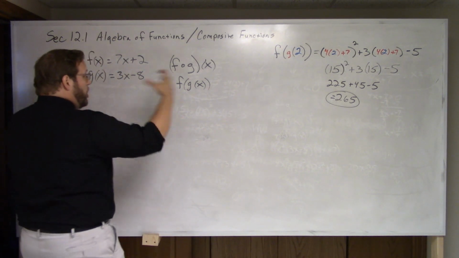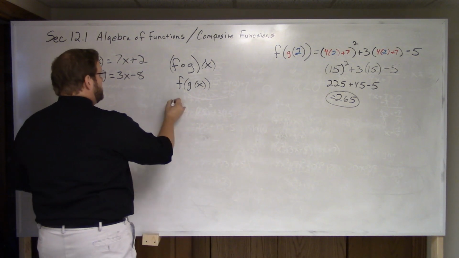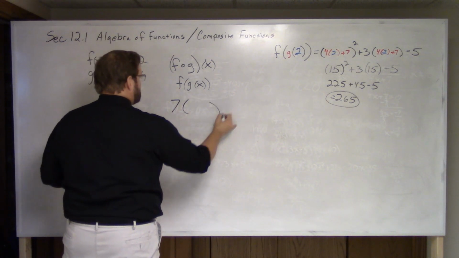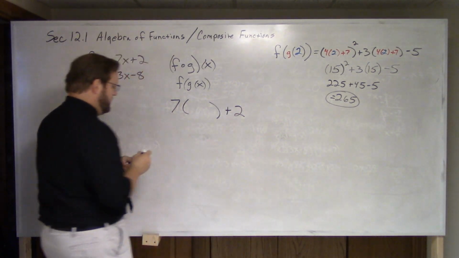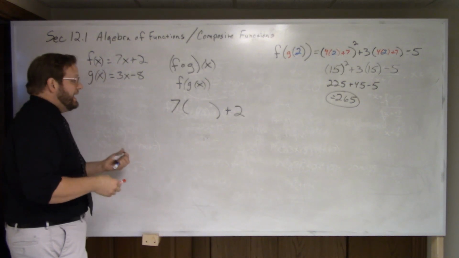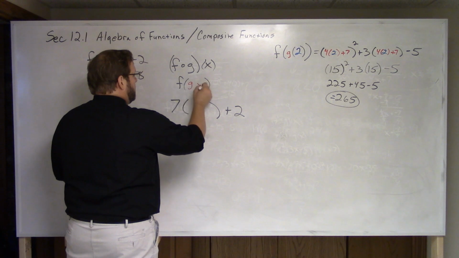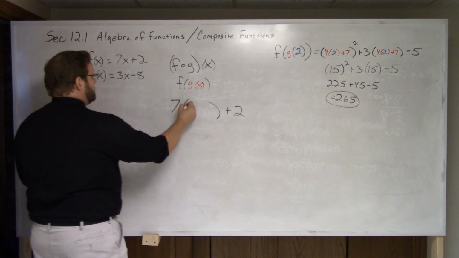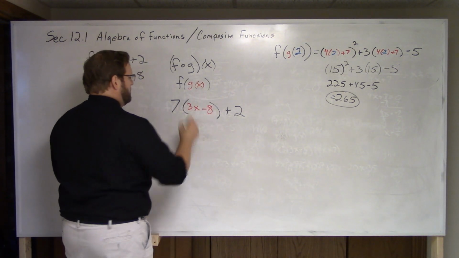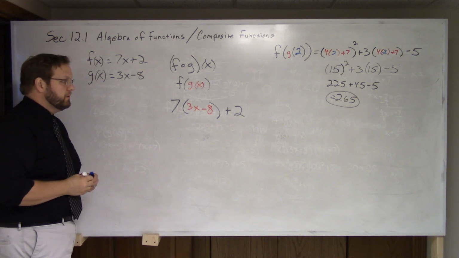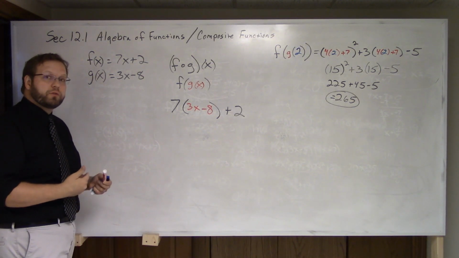So I'm starting with f. I have that all-encompassing f, which is 7x plus 2. There's my function f. Inside that then goes that g of x, which is 3x minus 8. And then I just work through that way.